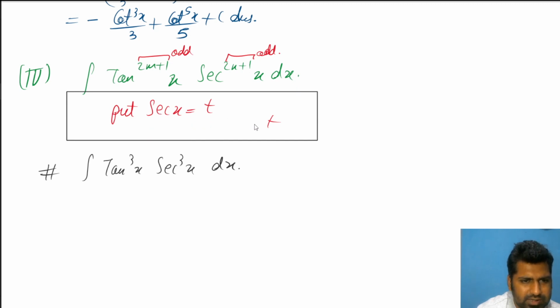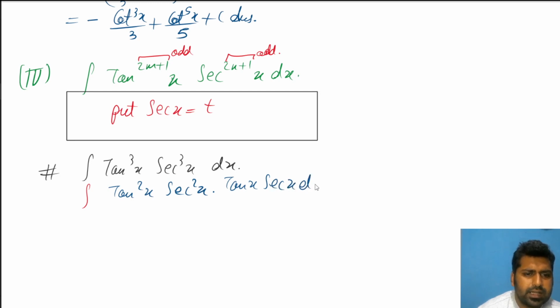This is pretty much understandable. What is the differentiation of sec x? That's sec x tan x. So I will separate sec x tan x out of this. So integration, I'll write tan square x sec square x because I need one tan x sec x here. So tan x sec x dx.